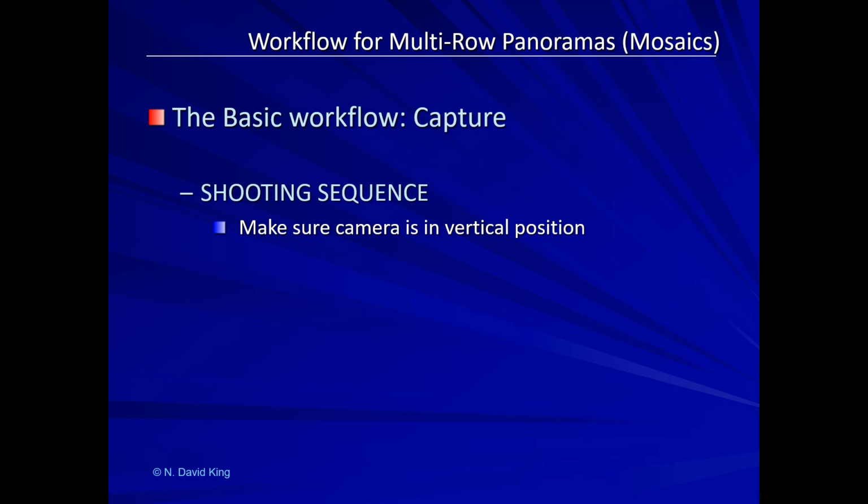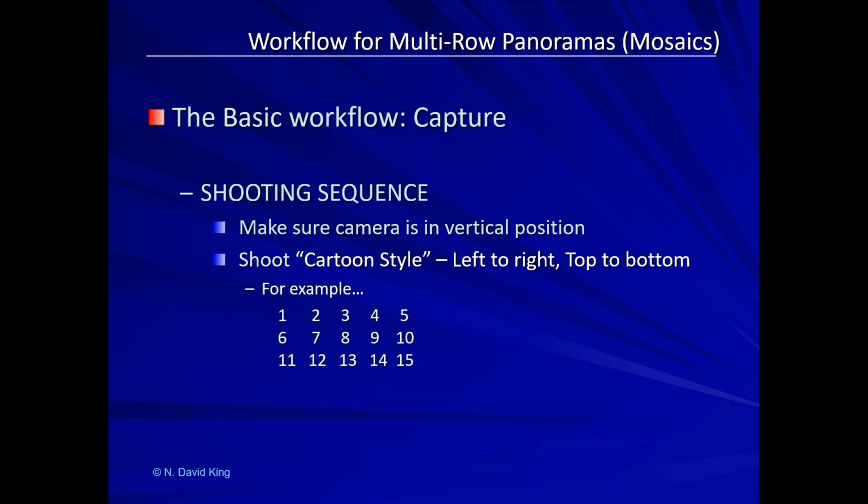Our sequence is simple. Make sure the camera is in a vertical position. That way you're going to get the most real estate per assembled shot. You're going to shoot cartoon style, meaning left to right, top to bottom. So here's an example of the sequence of frames in a 15 frame mosaic. You'll do the first row, the top row, 1, 2, 3, 4, 5.